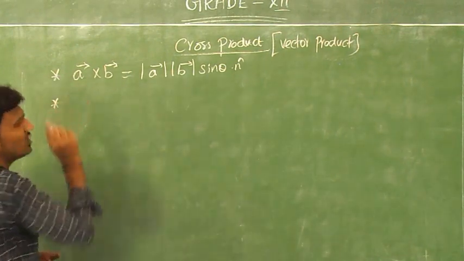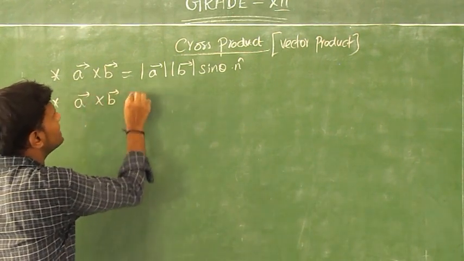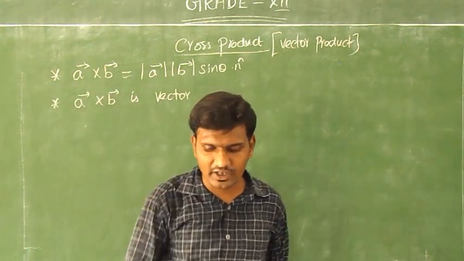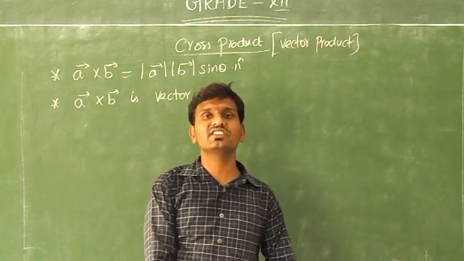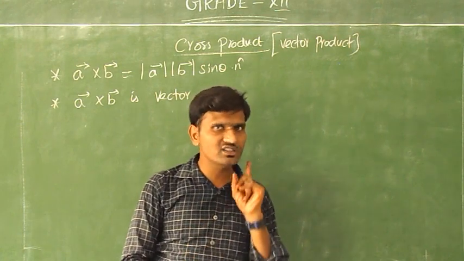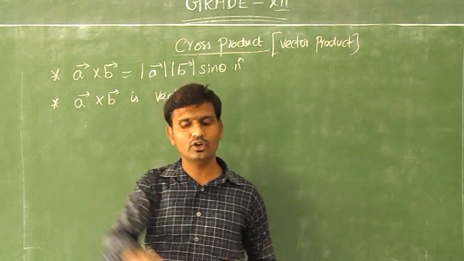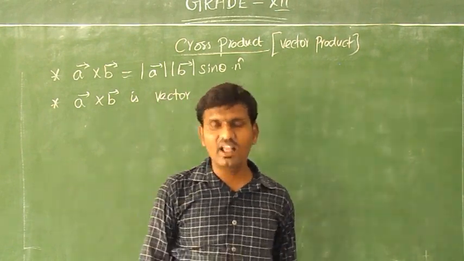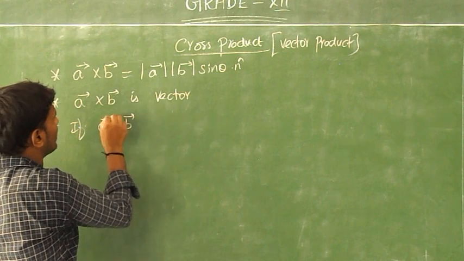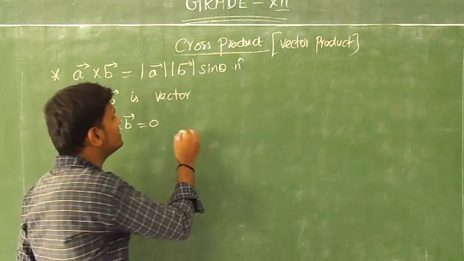Now I am moving to the observations. First observation: A vector cross B vector is a vector quantity only. Second observation: let A vector and B vector be two non-zero vectors. Non-zero, because with a zero vector, zero into anything only gives zero. So for two non-zero vectors, if A vector cross B vector is equal to zero, then the two vectors A vector and B vector are said to be parallel.